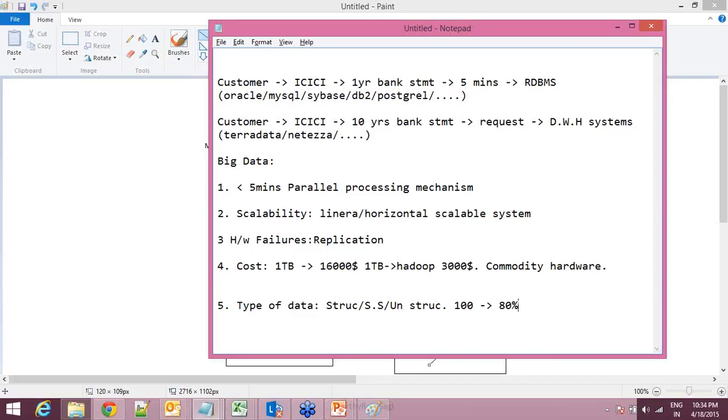These data are mostly unstructured. They don't have any schemas. So Hadoop has the capability to process any type of data.